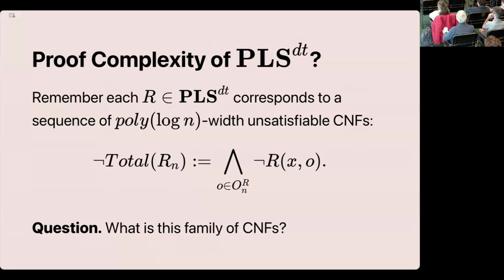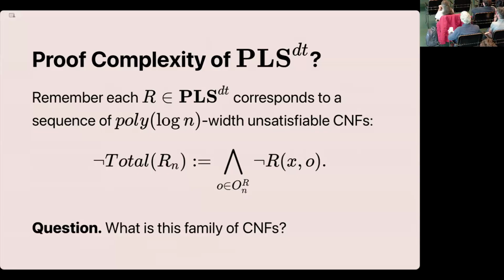Okay. All right, so let's now think about the proof complexity of this PLS. People who've been paying attention will notice this also follows from the bounded arithmetic thing I said a second ago. Each search problem in this class corresponds to a polylog n sequence of unsatisfiable CNFs, right? We can write it, here are the CNFs, they look like this.